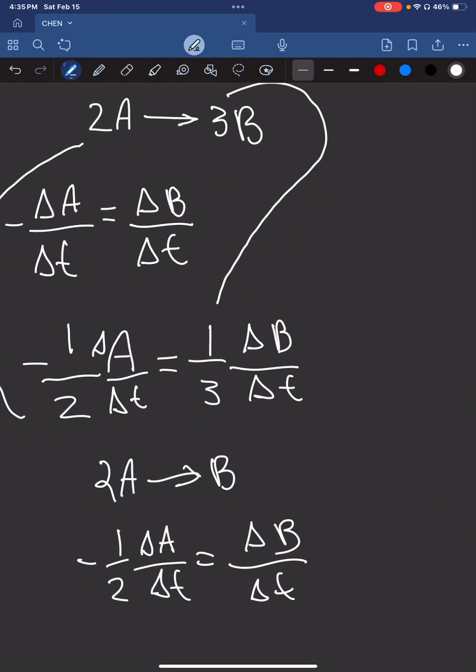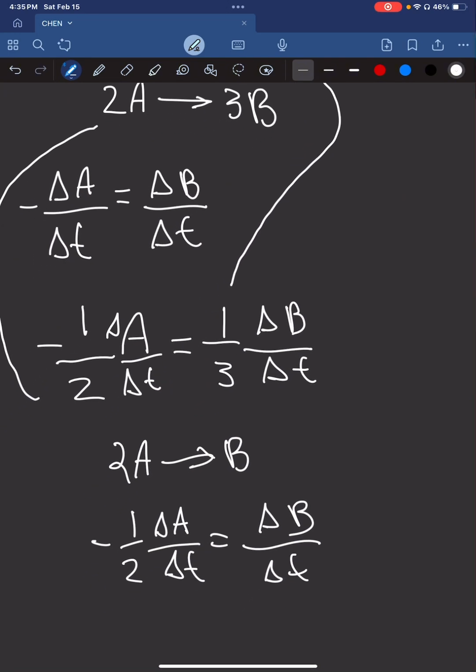So basically, we have more A becoming the same amount of B. So it means that A is working harder, because A is not just turning into B. Two A's are becoming B, which means that half of A is becoming B, which might be a little confusing to some people.